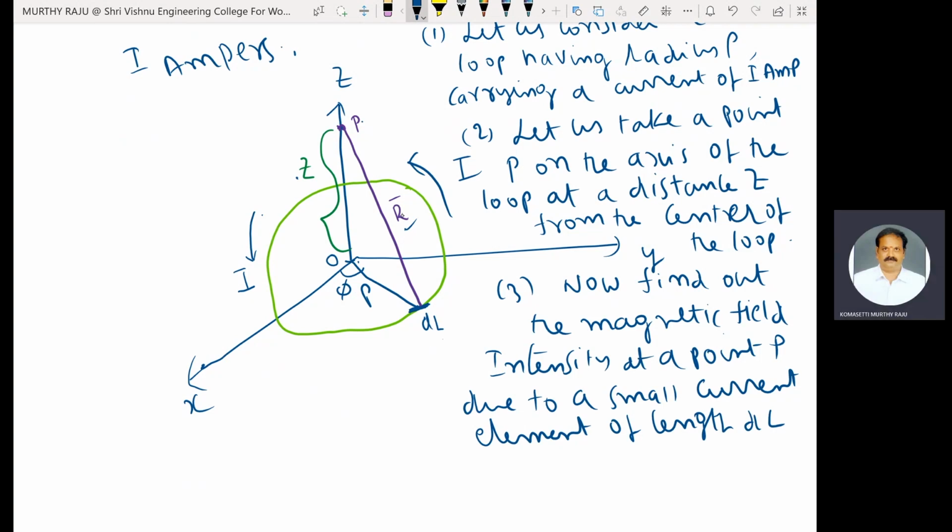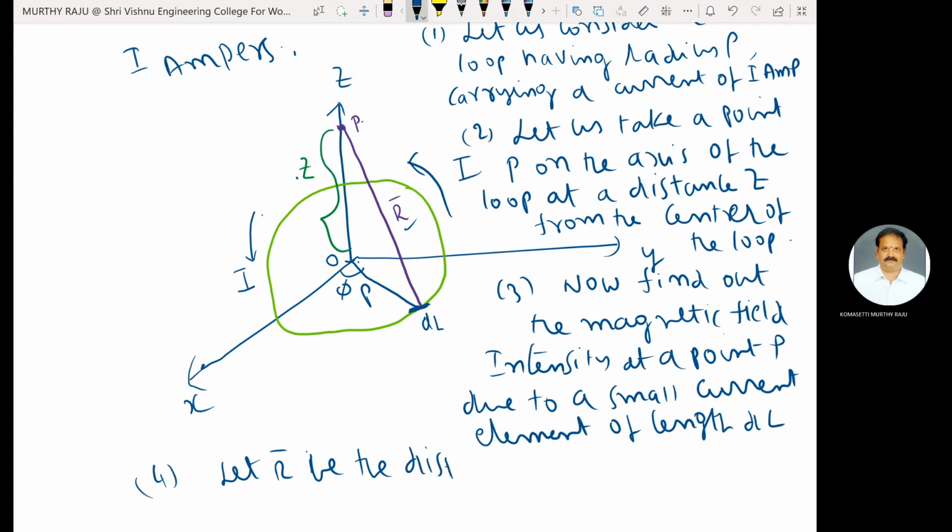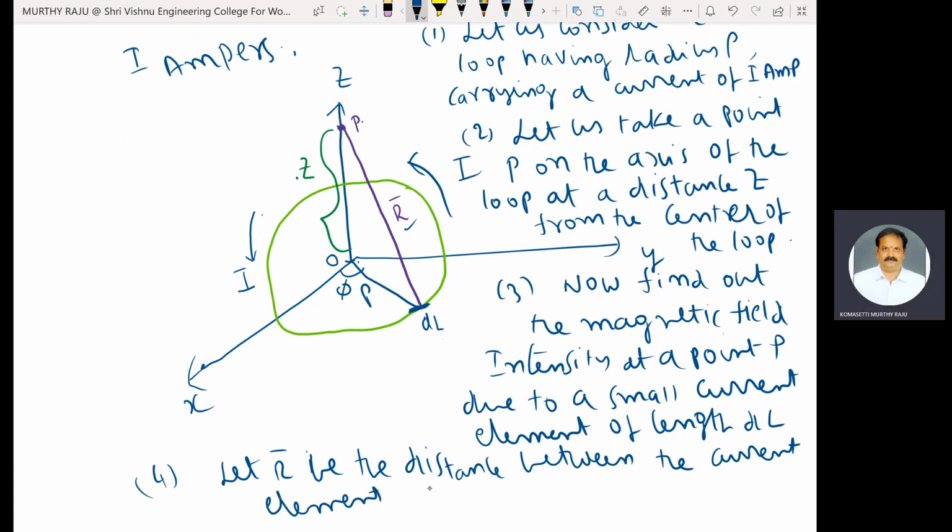Let r be the distance between the current element and point P. And another important point: let r bar be the distance vector between the current element and the point P shown in the above figure.